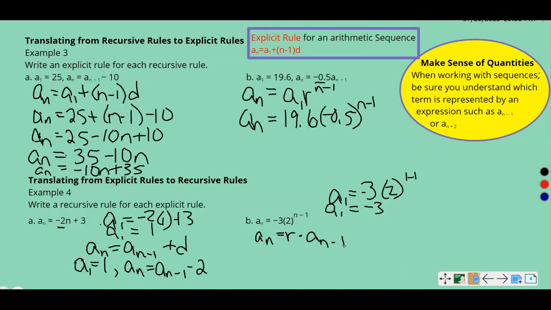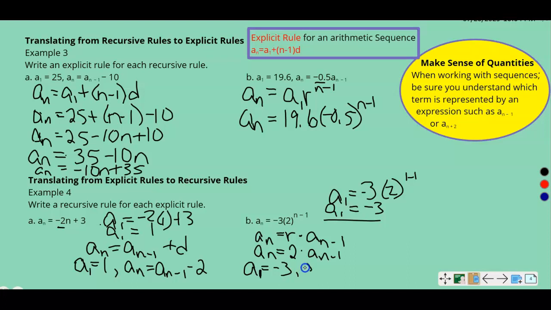All right, so if we want to put all of this together, we know that our common ratio is 2. So we're going to have a sub n equals 2 times a sub n minus 1. For a recursive rule, again, you always have to have your first term. We found the first term up here, so a1 equals negative 3.